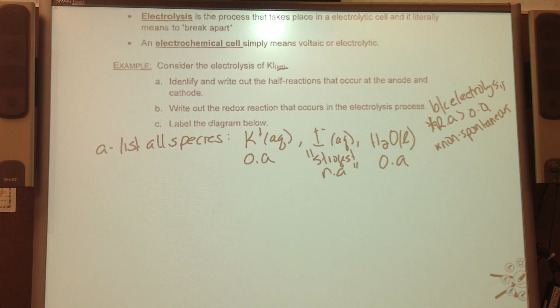And water is going to be, well, as an oxidizing agent, I find it at plus 0.4.